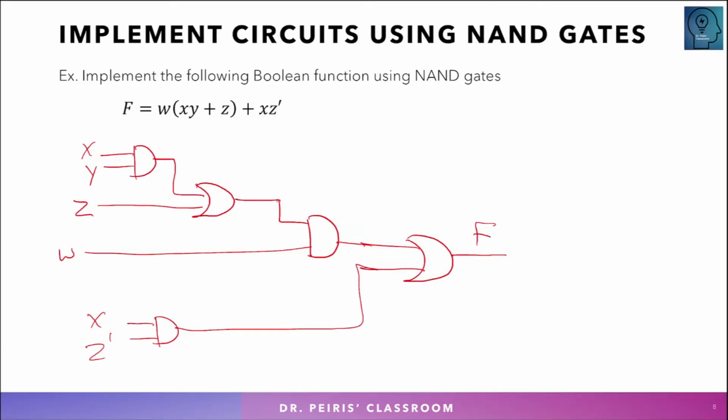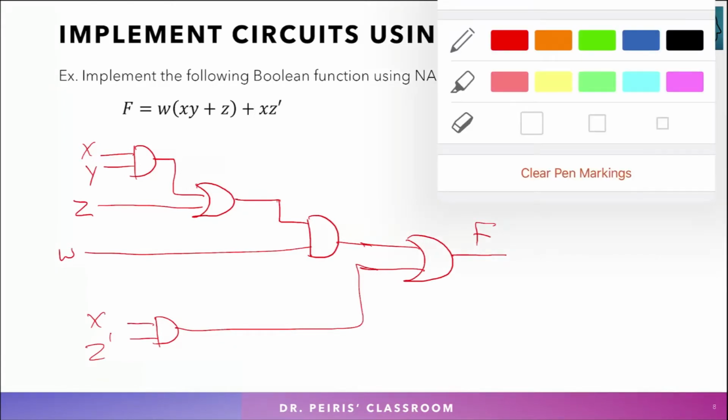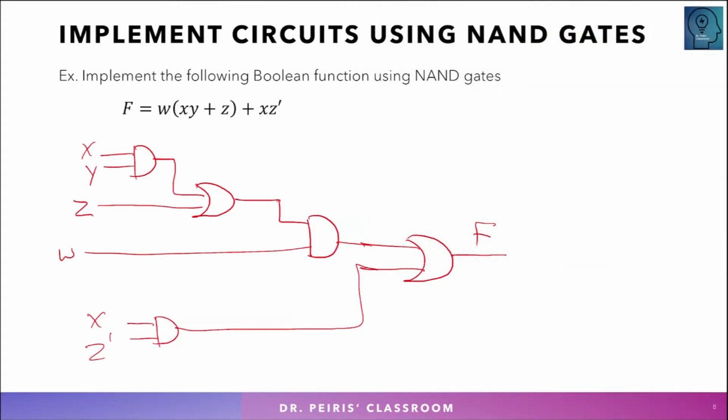Now how do we change this to all NAND? I am basically going to draw on top of the same diagram because there is not much space. Let me change the colors to show you what happened with the bubbles. Now we're going to change the AND gates to NAND gates.